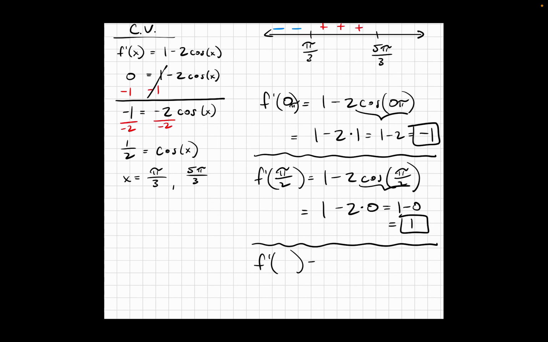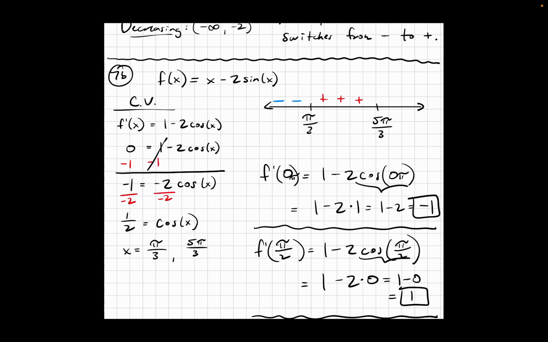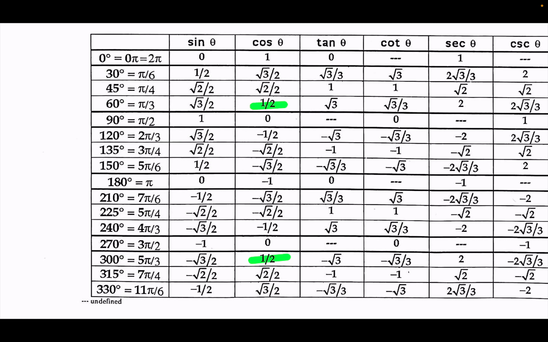So I'm going to pick a value that's bigger than 5 pi over 3. I only got 2 options, and both of them have ugly, oh well, that's all you can do. So you're going to pick 7 pi over 4, or you're going to pick 11 pi over 6.